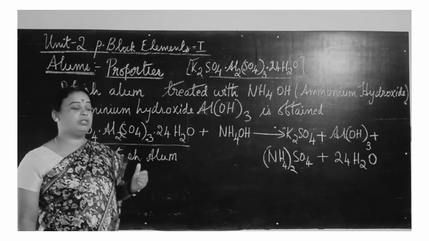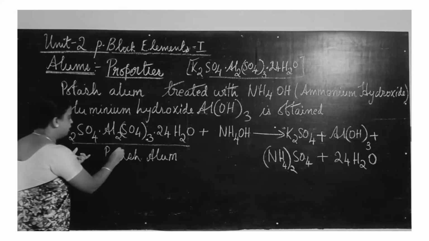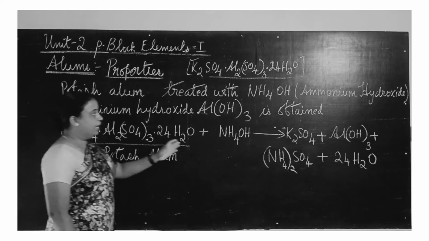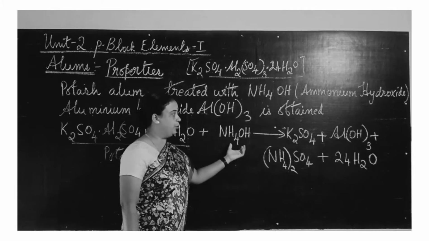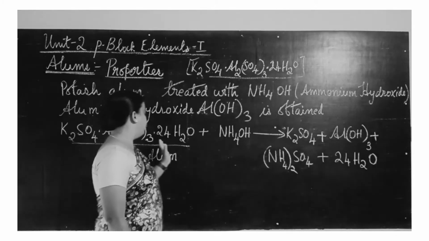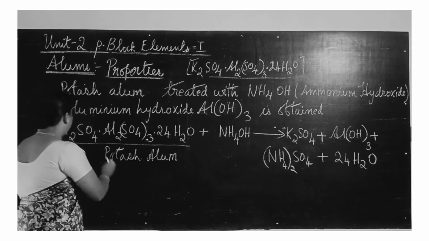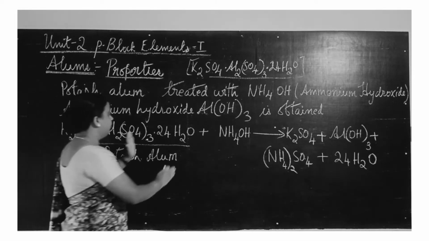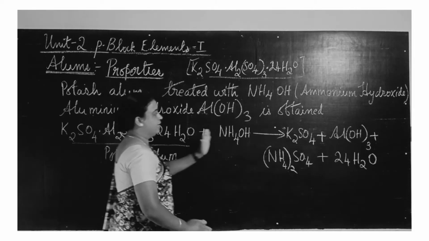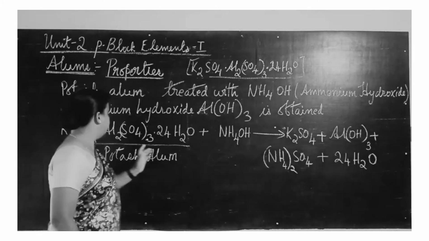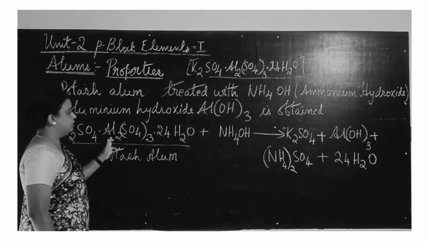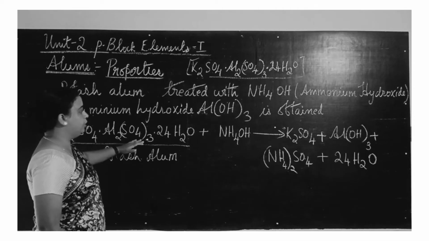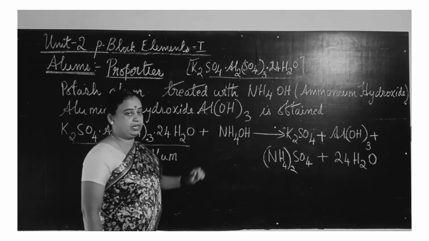So now we see how the reaction takes place. This is potash alum, reacting with ammonium hydroxide, NH4OH. What happens during the reaction? Potassium sulfate is retained as it is, no change in that. Even the water molecules are retained as they are. But aluminium sulfate is getting converted into aluminium hydroxide.